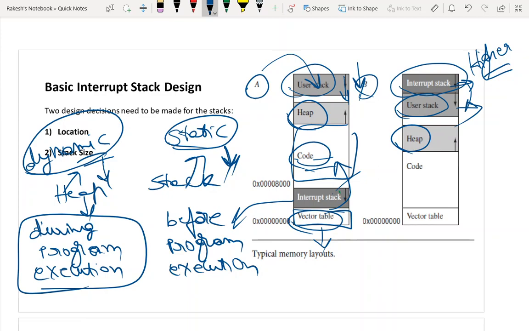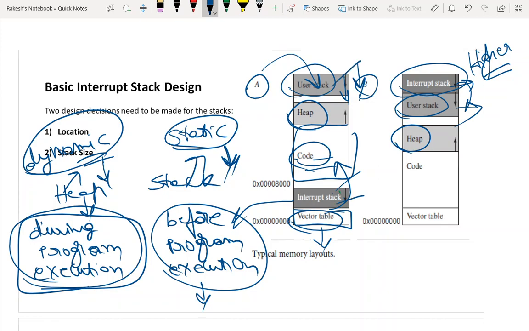The heap is used during program execution, whenever instructions are getting executed, because the user doesn't know; the processor understands some contents, immediate values, that have to be put up for calculation needs. Whatever need arises, that is dynamic, and those things are put in a memory location that we call the heap. Whereas here, before program execution, the programmer knows what content he needs. That is what we call the stack, the interrupt stack as well as the user stack.